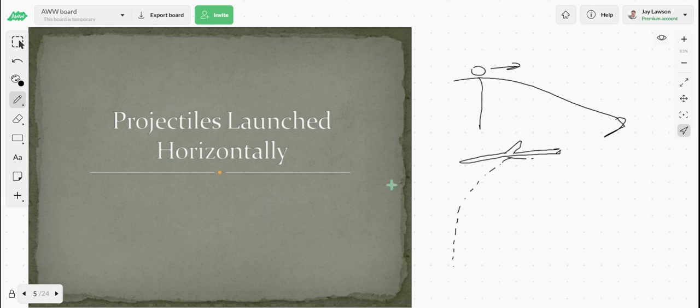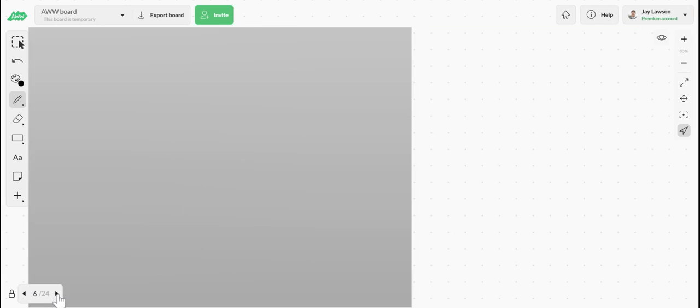Okay, those are projectiles launched horizontally, and they're going to be half parabolas. So we're only going to work with one half of the equation at a time. So when we say projectiles launched horizontally, that's what we're talking about.